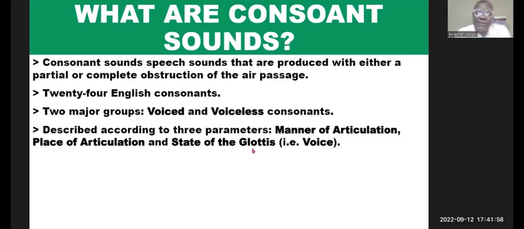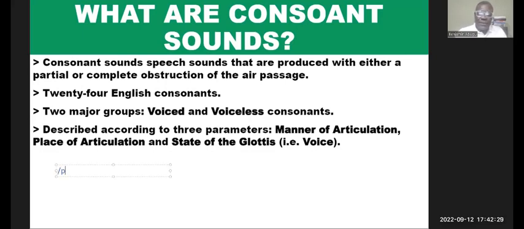And then that brings us to the state of glottis. Now that has to do with the voice. Now I'm talking about voiced and voiceless sounds. I want us to demonstrate with a pair of sounds, P and B. Again, let me show you so that you can see exactly what we are talking about.